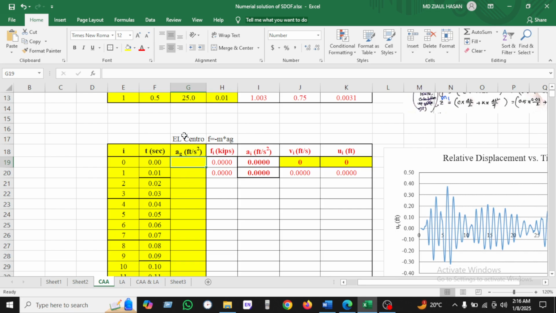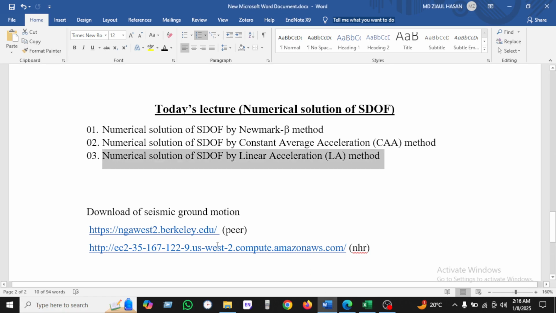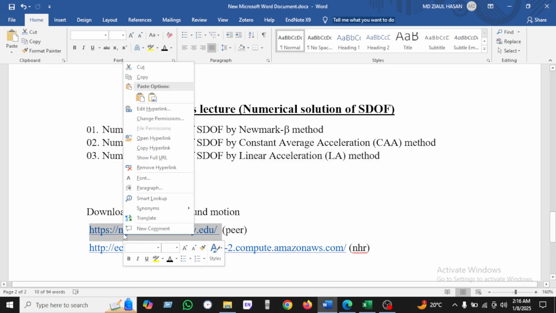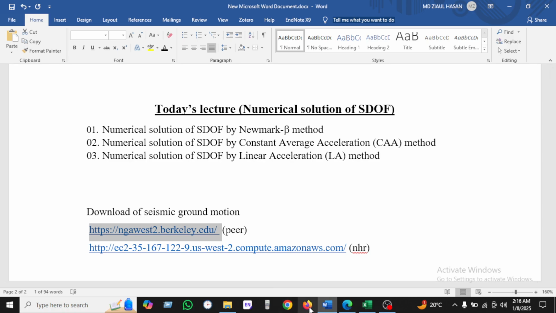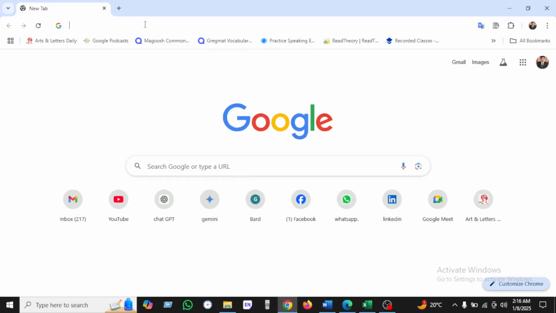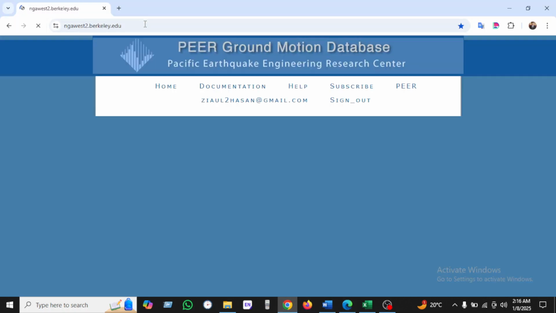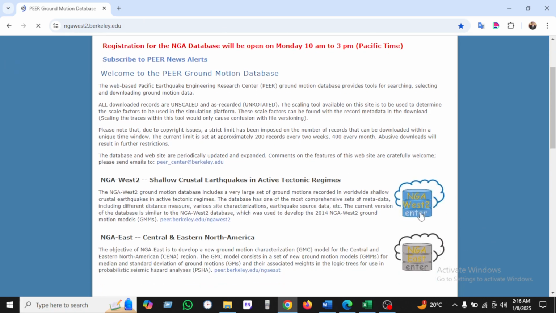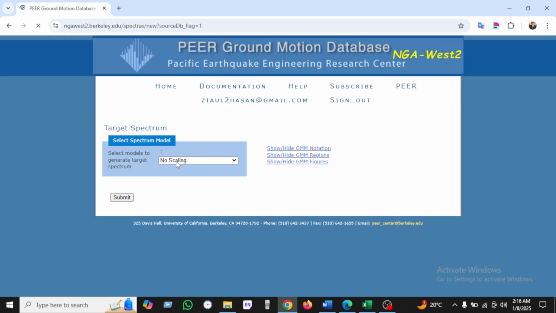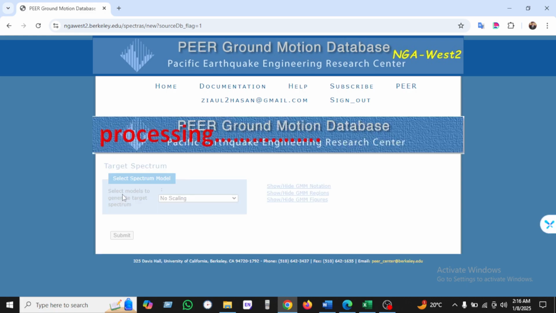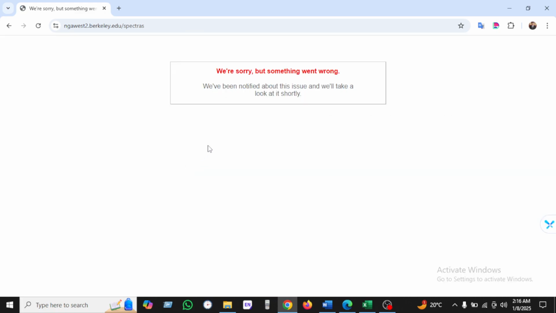How will we get the edge? Edge is coming from El Centro ground motion. So how will we get it, where we have to go to this website. I am just saying, click here and go to this website and enter this website, and no scaling, and okay.